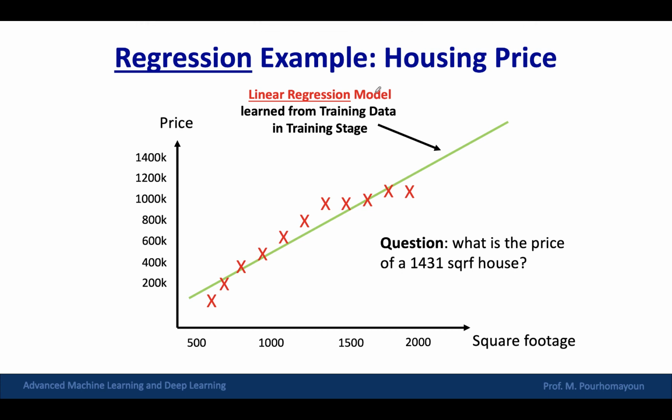If you use linear regression, this is a linear regression model that we learn from data. So this is the best fit to these training samples. They're all training samples. Why? Because this is a house that was sold maybe last week in our neighborhood, and this was the size of the house, and this was the value of the house.